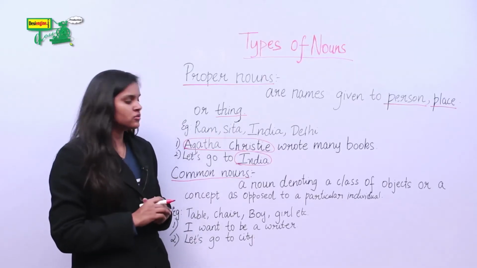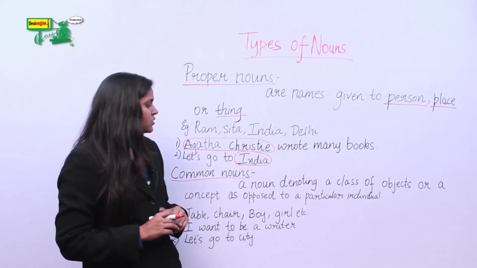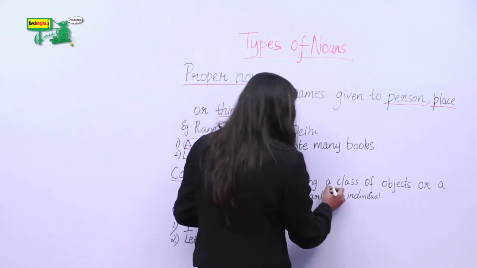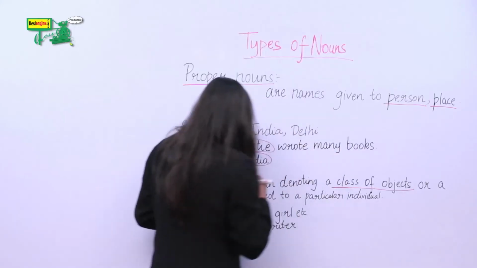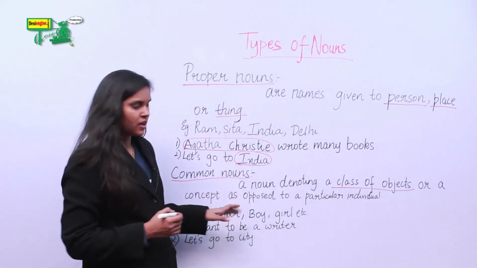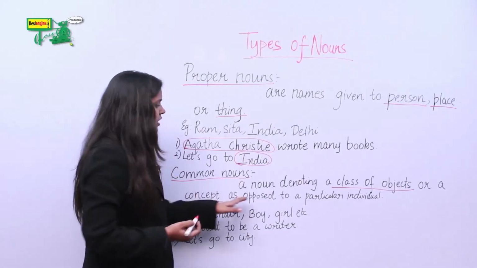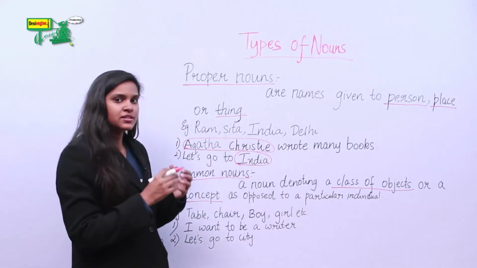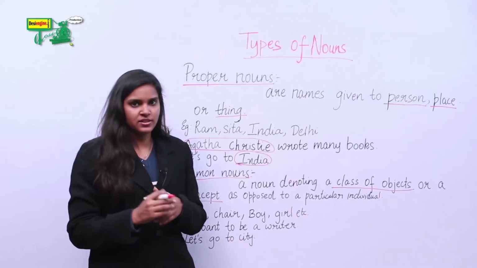What are common nouns? Common nouns denote a class of objects or a concept as opposed to a particular individual. That is, it talks about a set of similar objects.